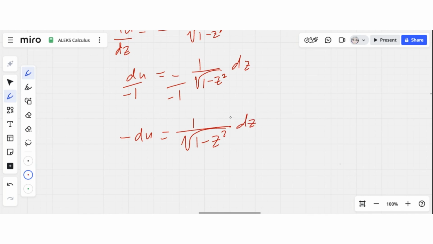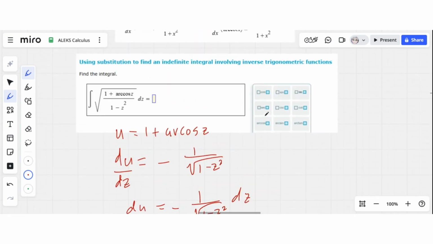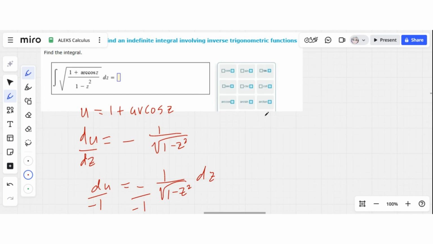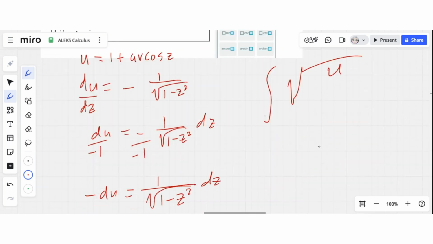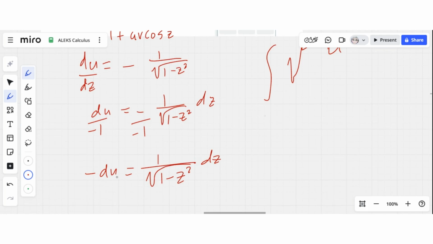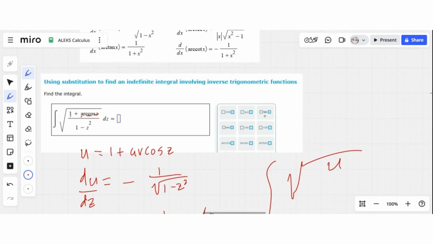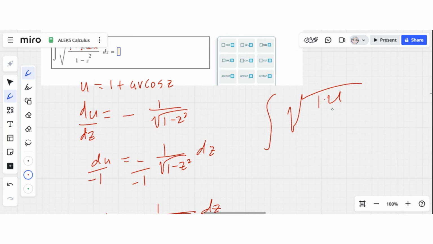Now, it might be a little hard to see, but I think we're ready to actually substitute all of this back in and get it in a form where we can actually take the integral. So let me show you how this works. We define this part up here as u. So I've got my integral sign, a big square root, and u. And then I've got all of this that is du, right? So we'll think of this as 1 over the square root of 1 minus z squared, and then we've got dz.